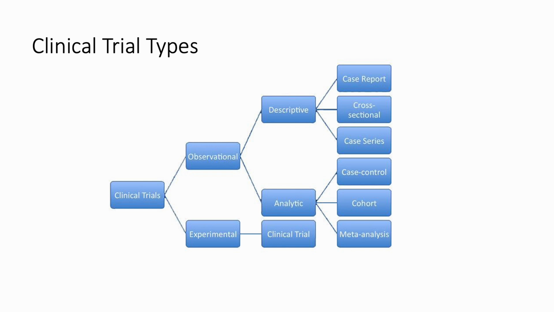When we observe, we are going to have descriptive types. It means we just describe. We may not do the analysis or explain more. We just describe what we can see. But we can also have, in observational studies, analytical studies. So here we are going to explain.